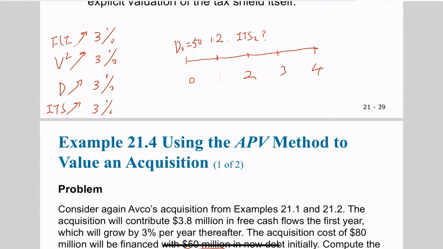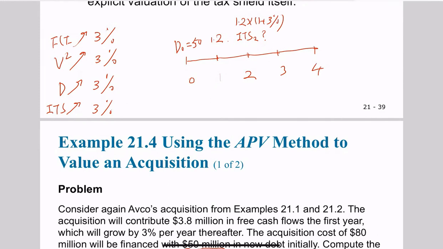So just like the cash flow, the firm's interest tax shield has a constant growth rate of 3%. So the second year's interest tax shield equals 1.2 times 1 plus 3%.